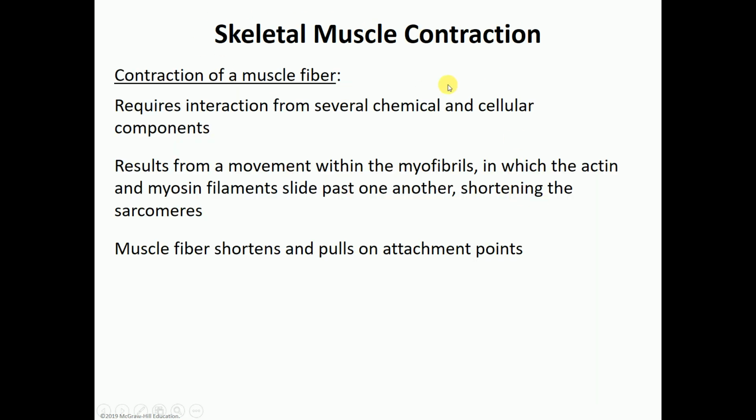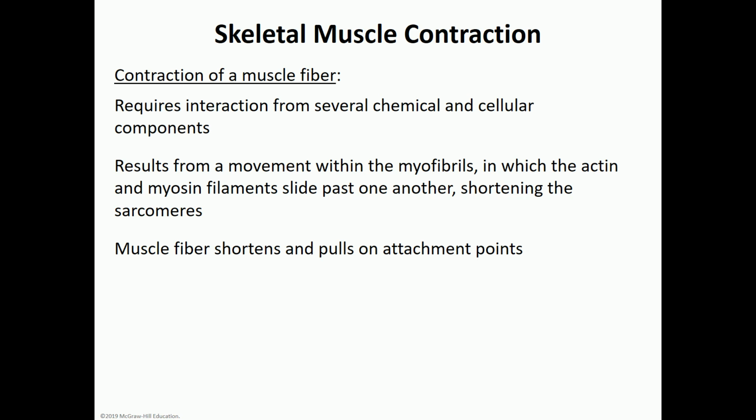For skeletal muscle contraction to occur, as we've seen in the video, it requires the interaction between chemicals like ATP and cellular components like actin and myosin. It results from movement among the myofibrils, where actin slides on top of myosin, leading to the shortening of the sarcomere.